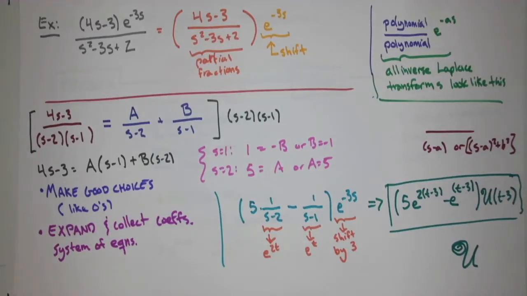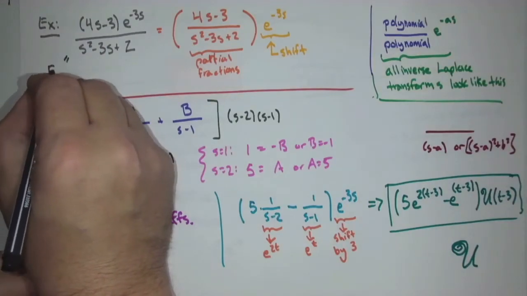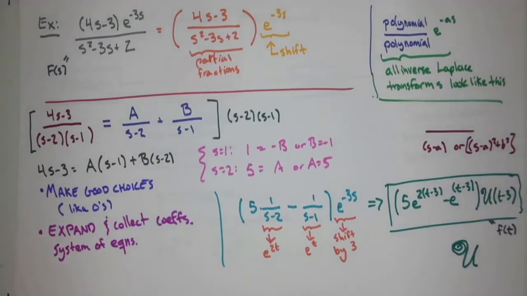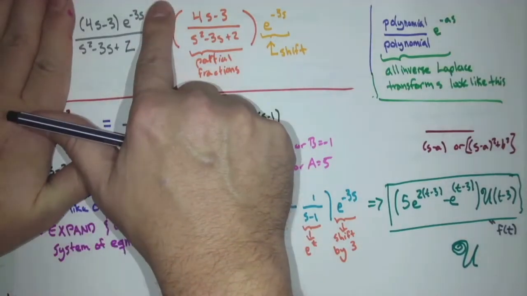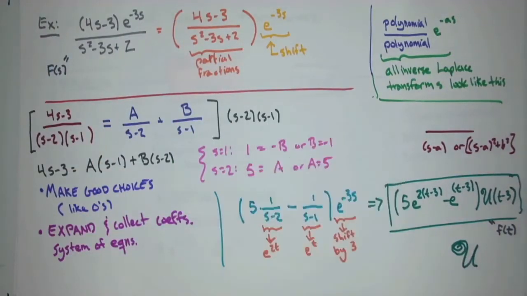Normally, you would start off saying this is our capital F of s, and this part here would be our little f of t. But usually they'll phrase the problem as, find the inverse Laplace transform of this, and we say, okay, the answer is that.